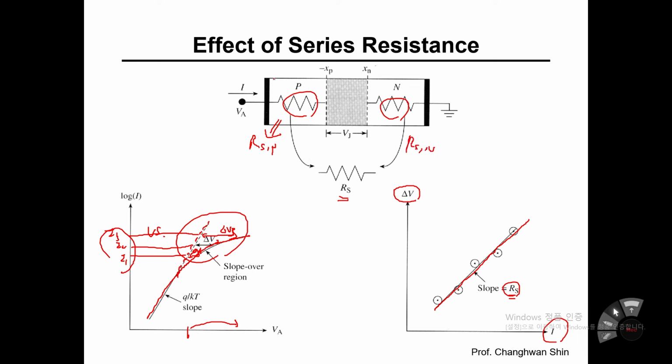Once you know the physical dimension of the PN junction diode, and once you know the doping concentration on the p side and n side, then you may theoretically estimate Rs p side and Rs n side and sum them up. Then it should be equal to the experimentally observed and measured Rs value coming from this delta V versus I plot.